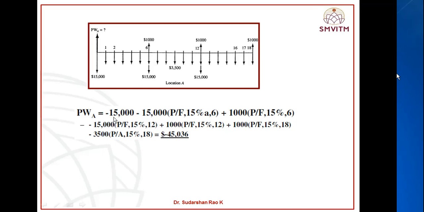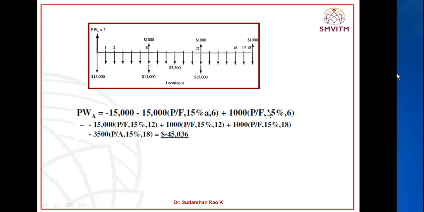Therefore, minus 15,000 is the present value at the 0th year, then minus 15,000 into P by F 15% 6 years, the future value after 6 years converted to present value, plus 1,000 P by F 15% 6 years.